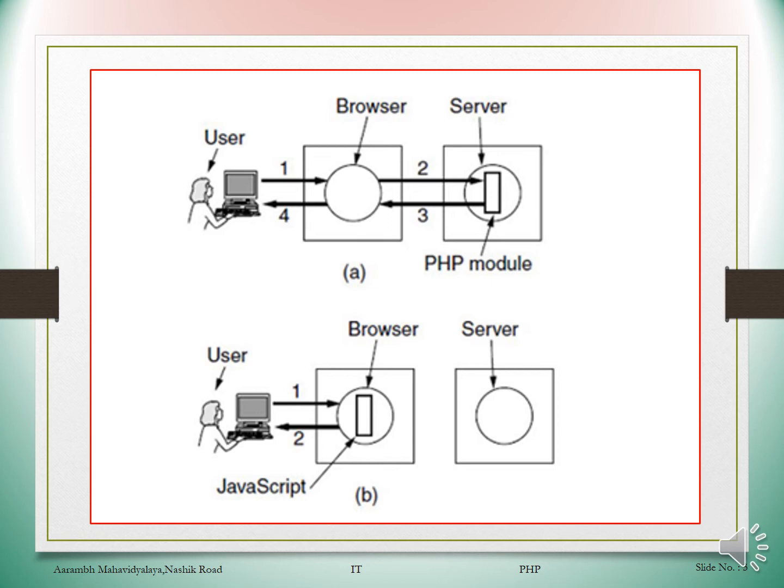But in client side, user provides data to the browser, browser executes it and then sends output to the user immediately. Server is not involved in client-side scripting. Thus we can say that server-side scripting is a four-step process, while client-side scripting is only a two-step process.